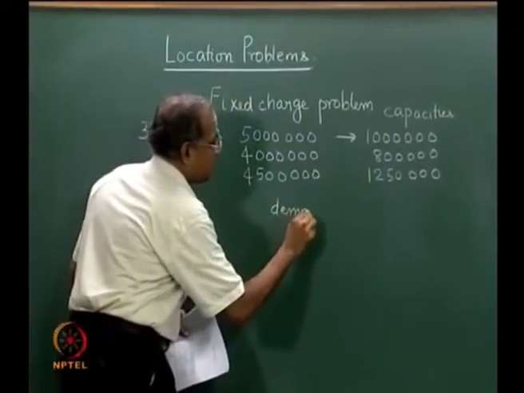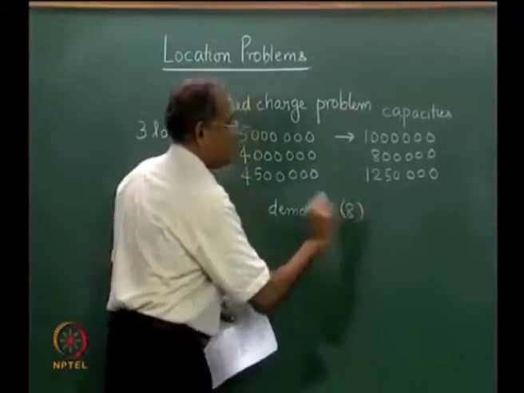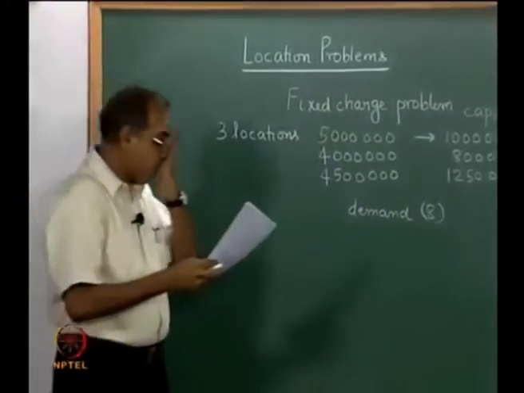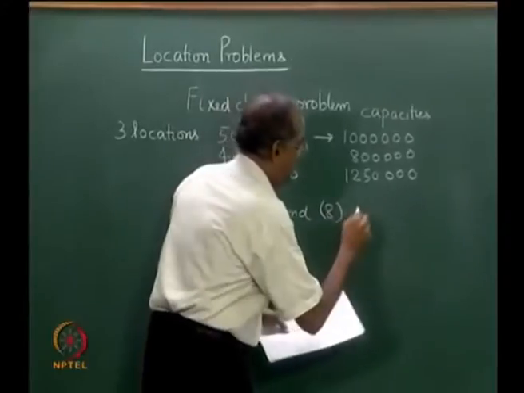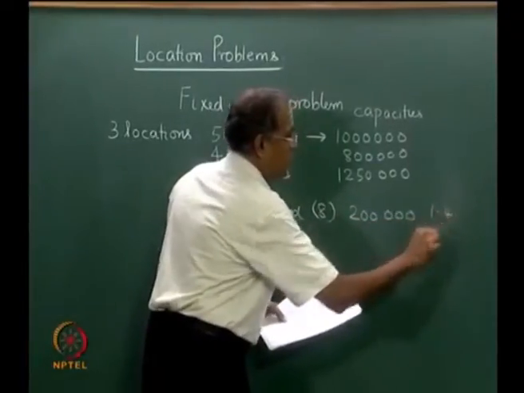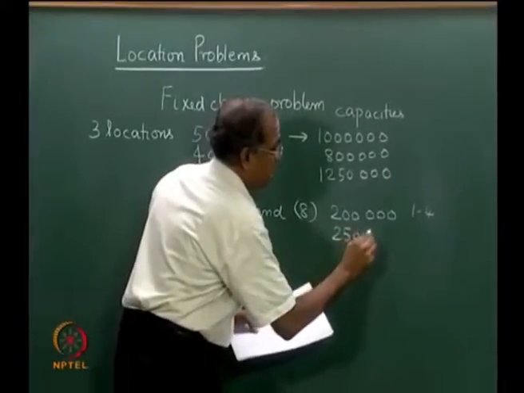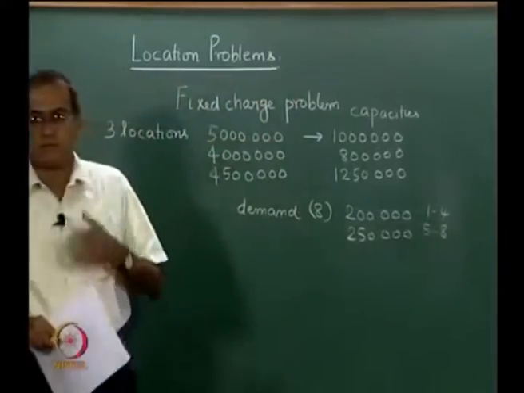Now, we will assume that there are 8 demand points, and the demand is 200,000 for 1 to 4 and 250,000 for 5 to 8.